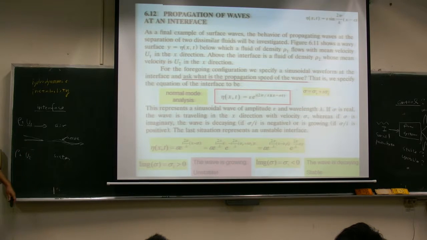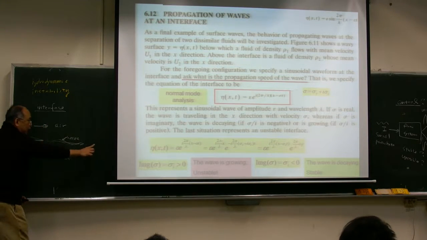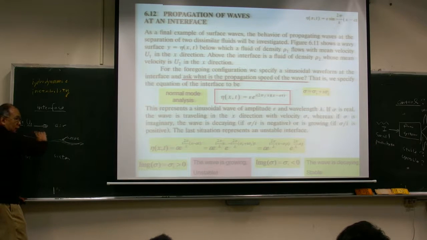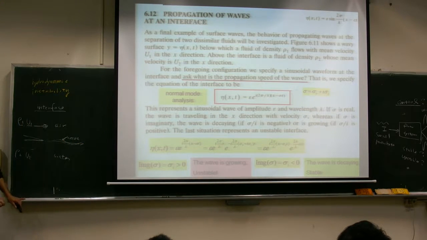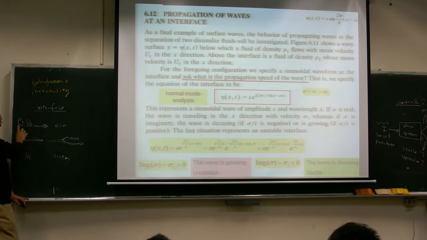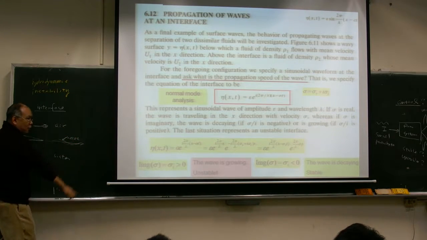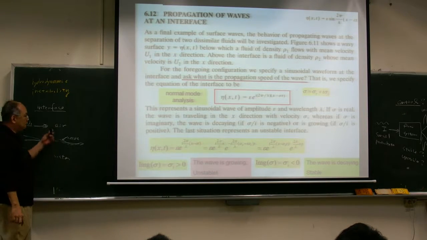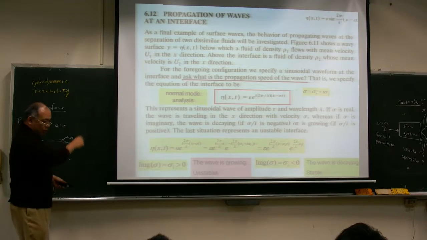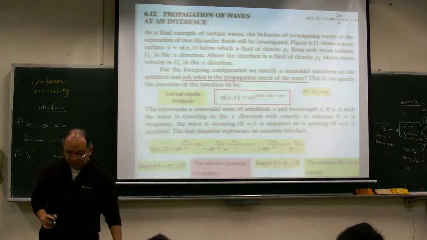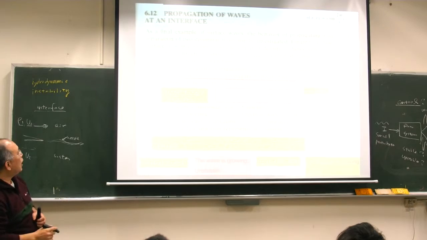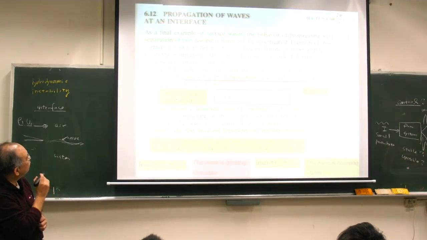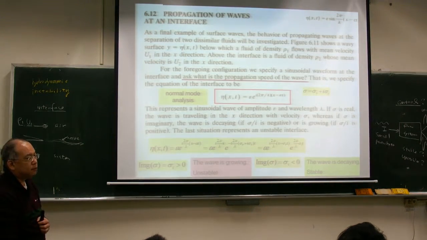So this looks like air flowing on top of water, and generating a surface wave. You see that when you go to a beautiful lake, the wind is blowing and then waves are generated on the surface. So we try to study the so-called wave propagation at the interface.